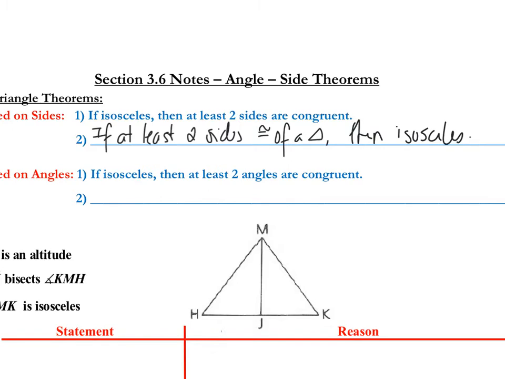Okay. And then based on the angles, if isosceles, then at least 2 angles are congruent, we're going to do the same thing. So if at least 2 angles congruent of a triangle, then it is an isosceles triangle.